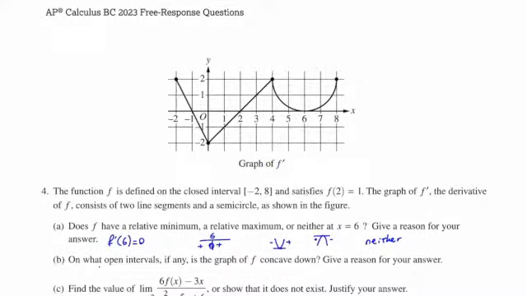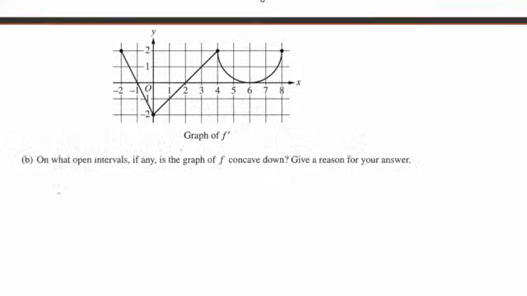Part B. On what open intervals, if any, is the graph of f concave down? Give a reason for your answer. Concave down means f double prime should be negative, so we look at where f prime is decreasing.